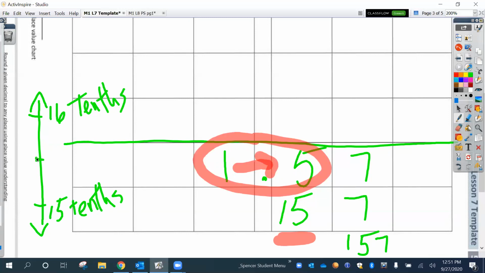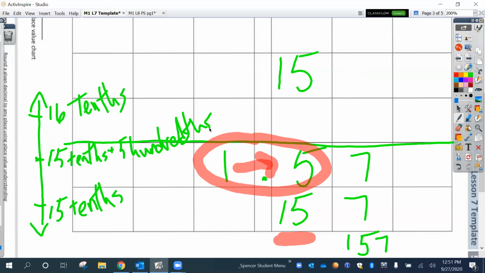Well, the midpoint between 15 tenths and 16 tenths would be, and I'm just going to write up here in my blank spot to help you visualize it, 15 tenths and 5 hundredths, because 5 is always the midpoint number, right? So 15 tenths plus 5 hundredths here.